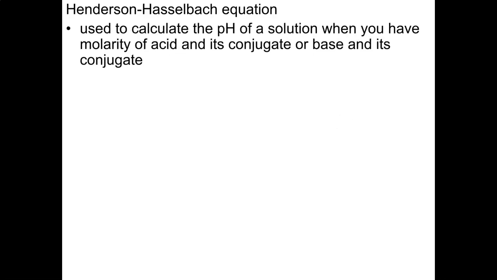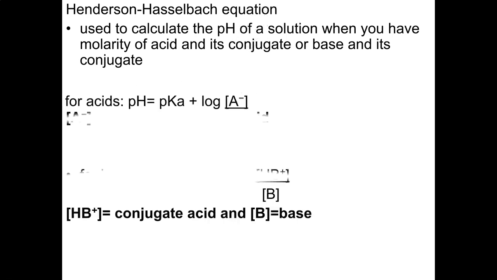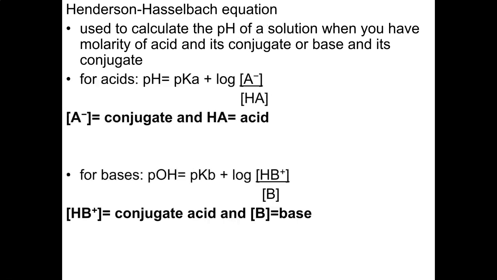Henderson-Hasselbalch is used to calculate the pH of a solution when you have the molarity of an acid and its conjugate, or a base and its conjugate. This is a shortcut you're going to need for buffer questions. That's why I'm throwing it in here. It saves you a lot of time. All you need is the concentration of the acid and its conjugate, or the base and its conjugate, to do this calculation.